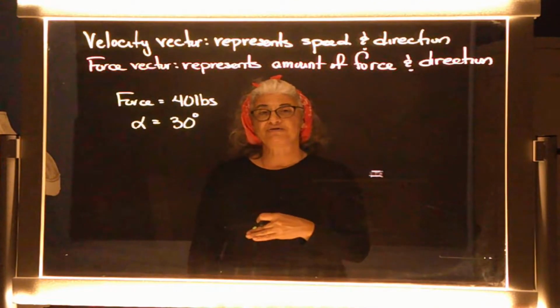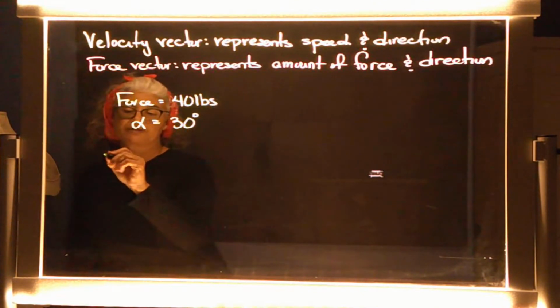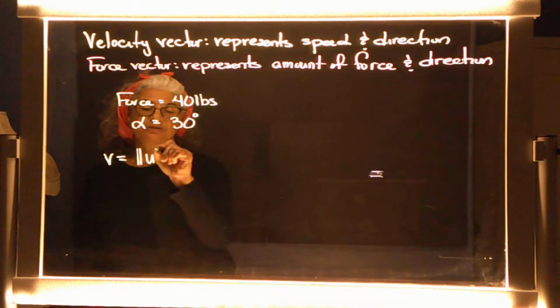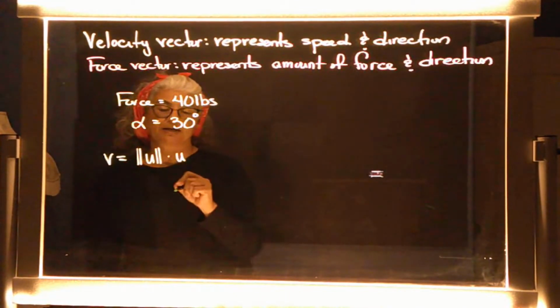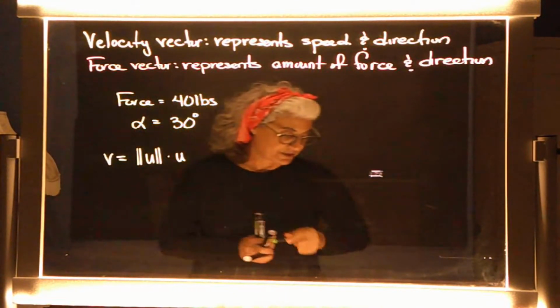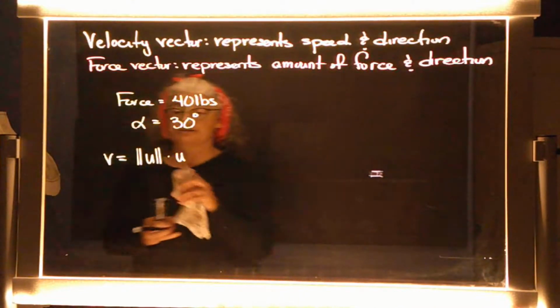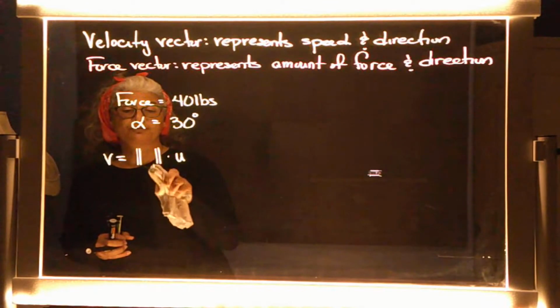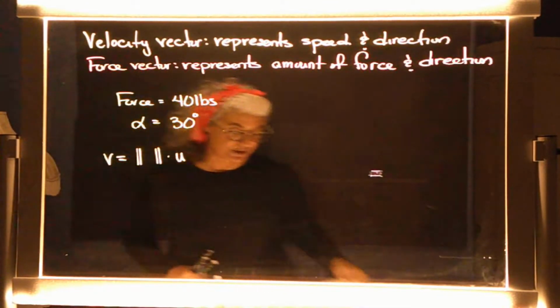Well, remember how we found the vector before in a couple of examples. To find the vector, we can take the magnitude of the vector, that was supposed to be a v, and multiply it by the unit vector, can't we?